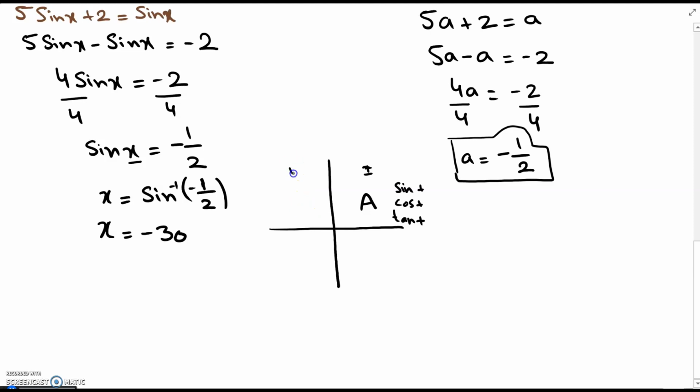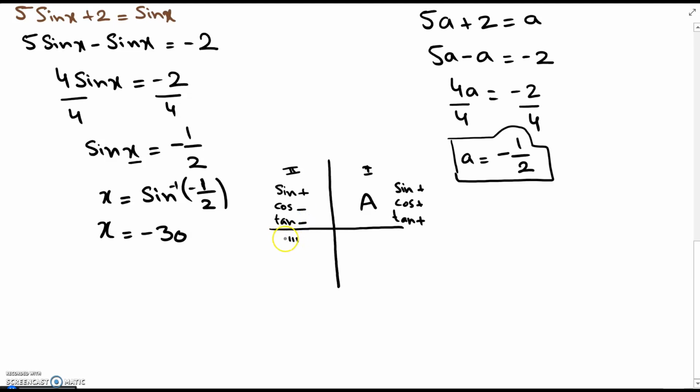In the second quadrant, sine is positive and cos and tan, both of them, are negative.